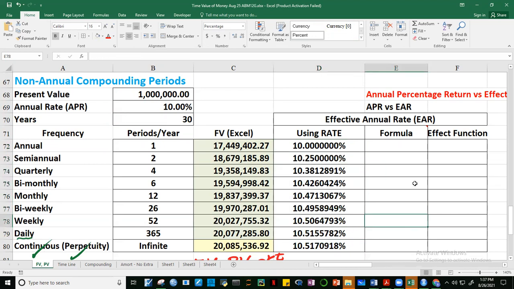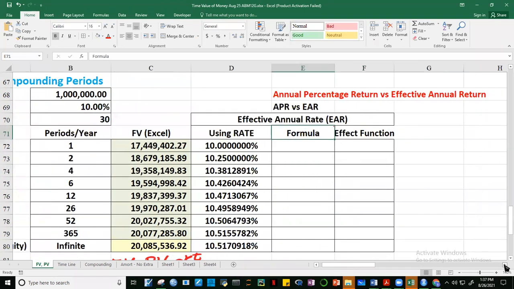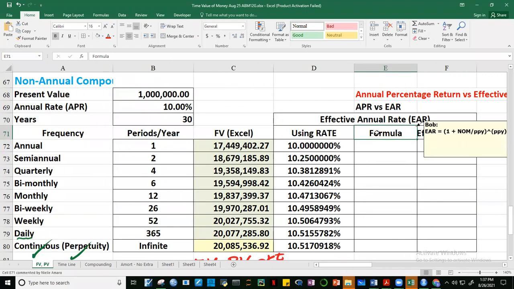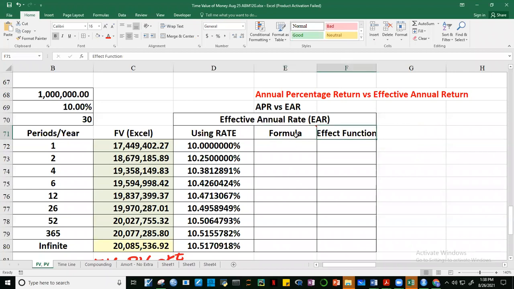Okay. So another way to compute for the effective annual return is this formula. The effective annual return can be computed using this formula. Naglagay ako guys ng formula dito, comment, no? Effective annual return is equal to 1 plus the nominal rate divided by the periods per year, raised to the periods per year. Yan.